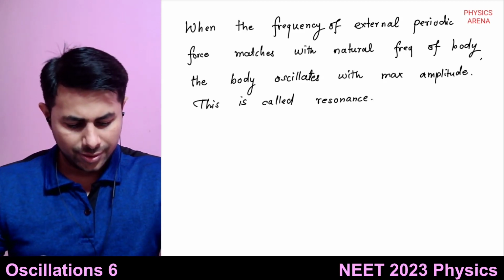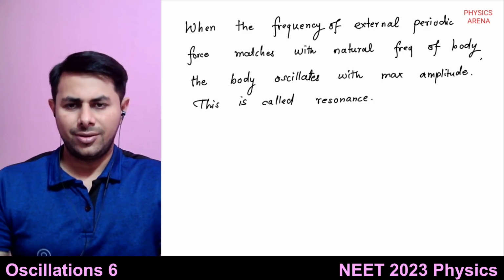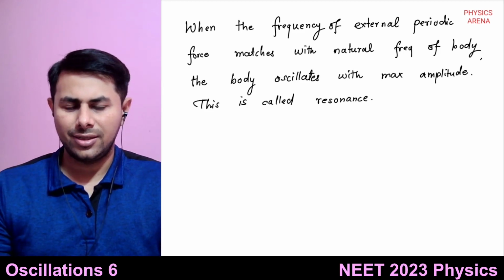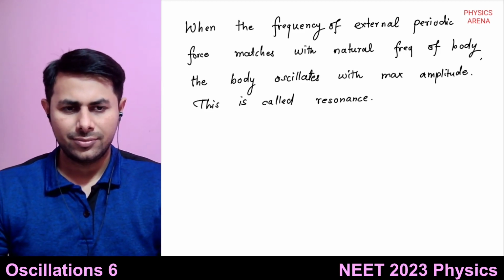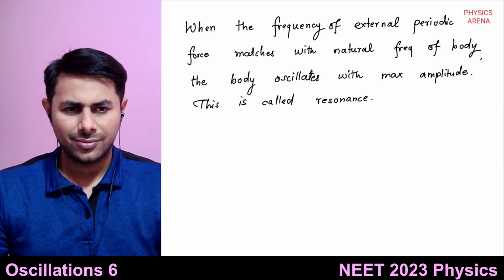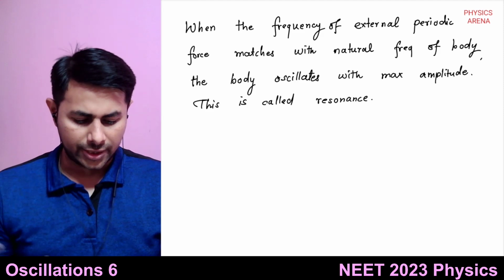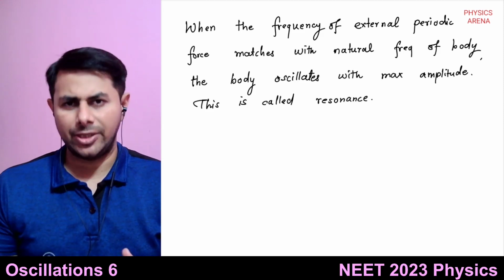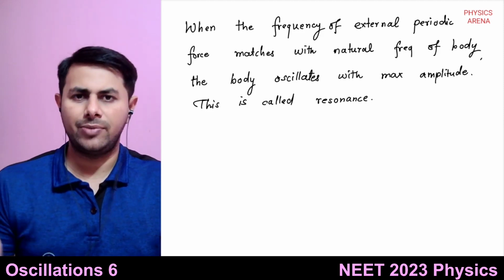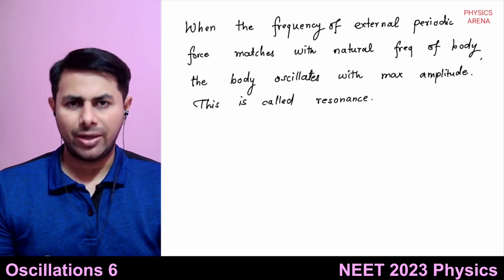Right. So is this clear till now? Yes, no. All right. So now, there are two types of vibrations of a body. One is free vibration.